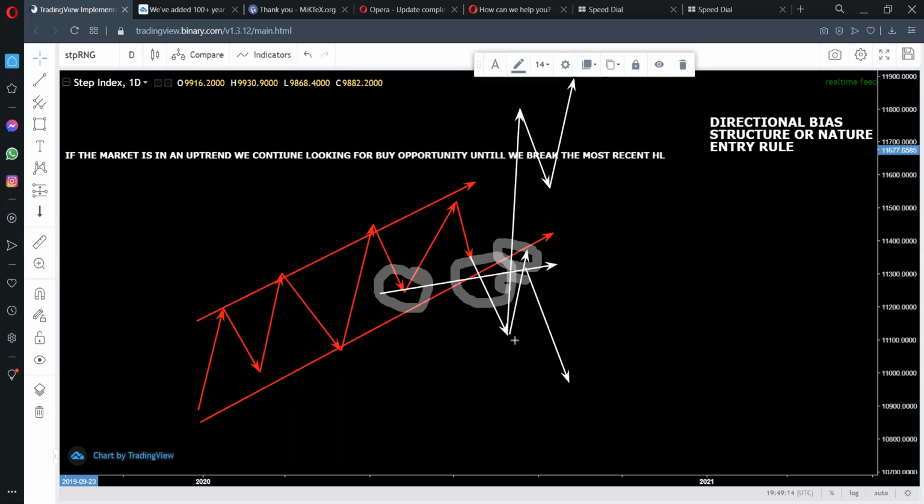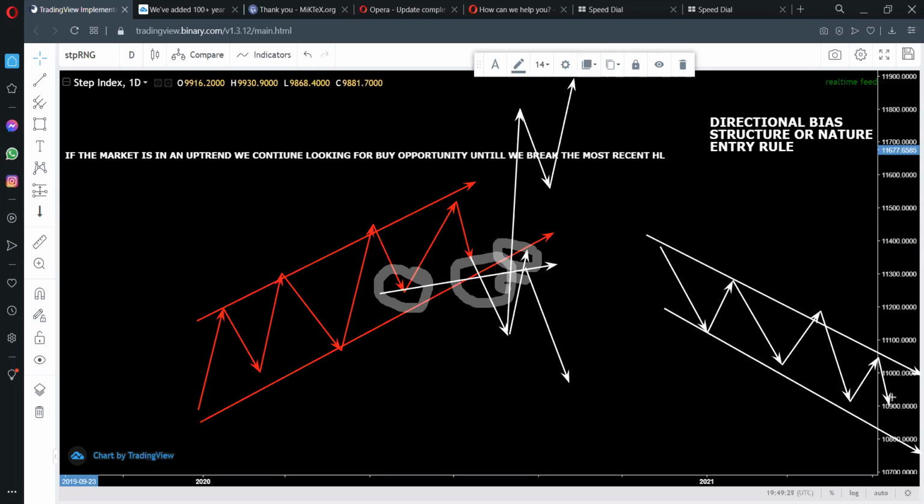The same way, in a downtrend like this, we still consider the market is in a downtrend until we break the most recent lower high.